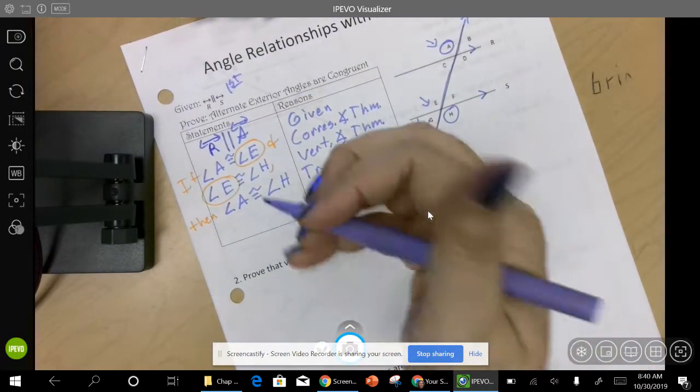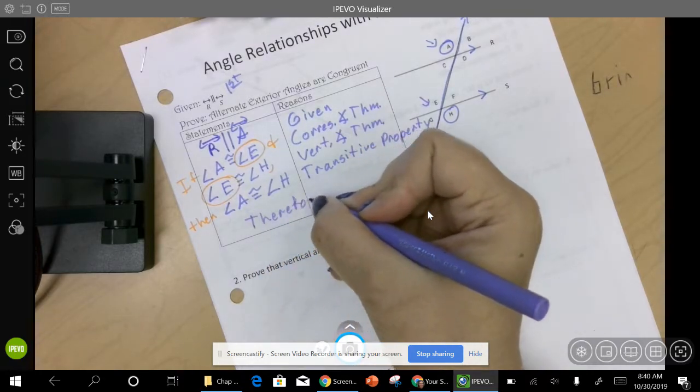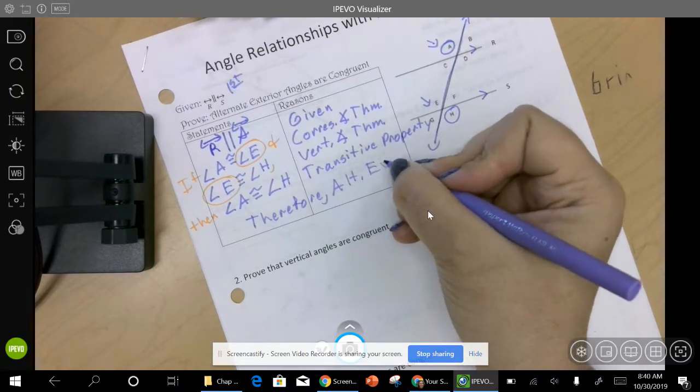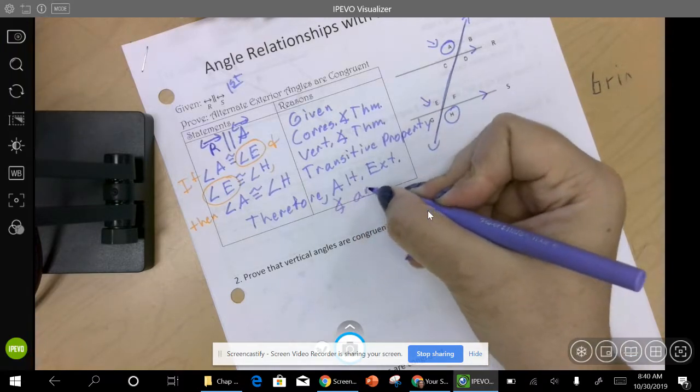So therefore, alternate exterior angles, so opposite outside angles, are congruent.